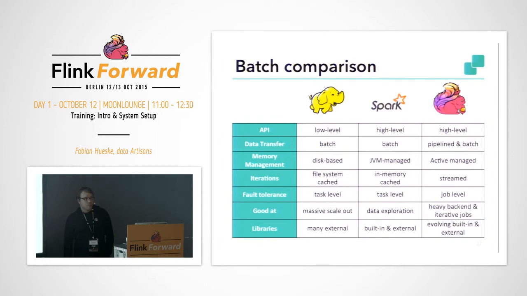Spark puts a lot in memory. One of Spark's big advantages is not writing so much to disk, but keeping the data in memory. But they do that in a way that they put a lot of the data on the JVM heap as objects, whereas Flink has an active memory management. And then there are other things where these different systems differ.